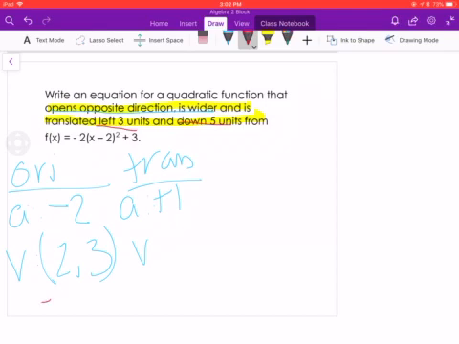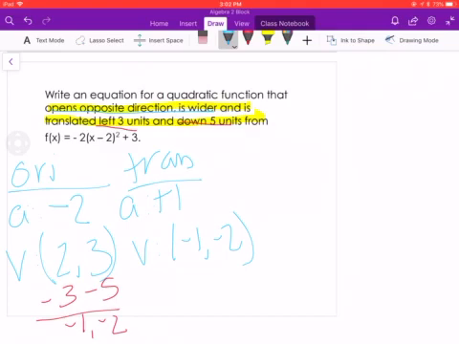So under our 2, we're going to subtract 3, and under our 3, we're going to subtract 5. This will get us to -1 and -2. Our vertex then is -1 and -2. And when we write our equation, it's just going to be y equals 1, your parentheses, x plus 1 squared minus 2.